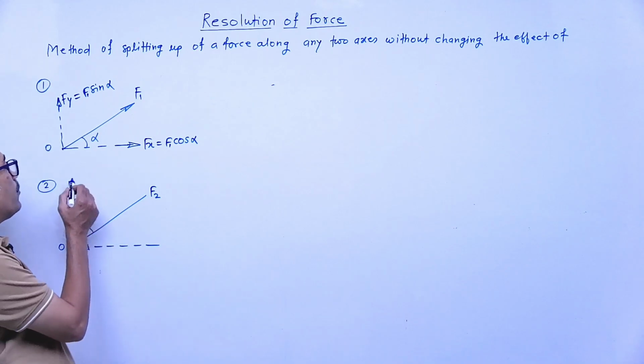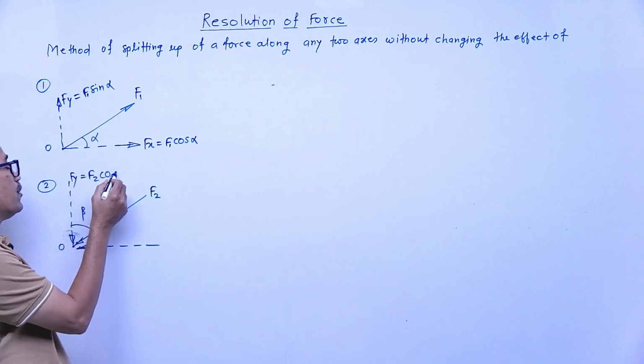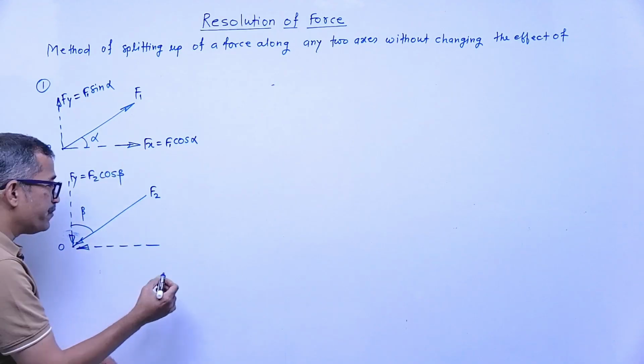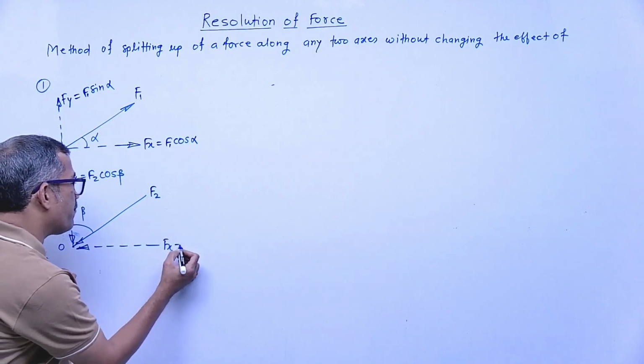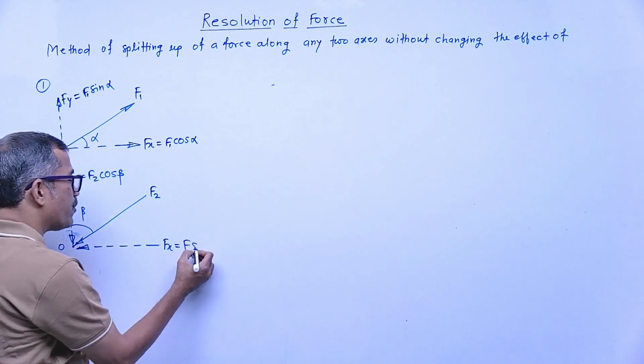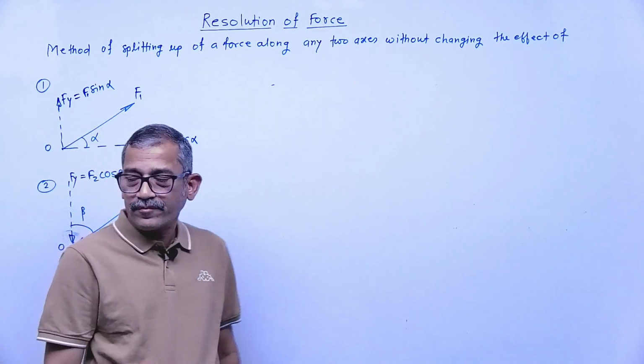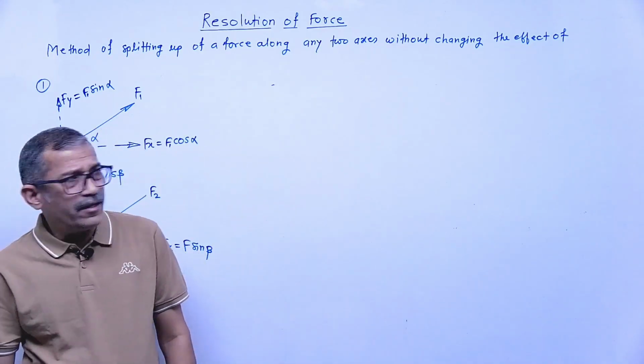The vertical component Fy is F2 cos of beta, and this component Fx, since the angle is with vertical, the vertical component is cos, the horizontal component will be sin of this angle beta. Clear? All of you getting?